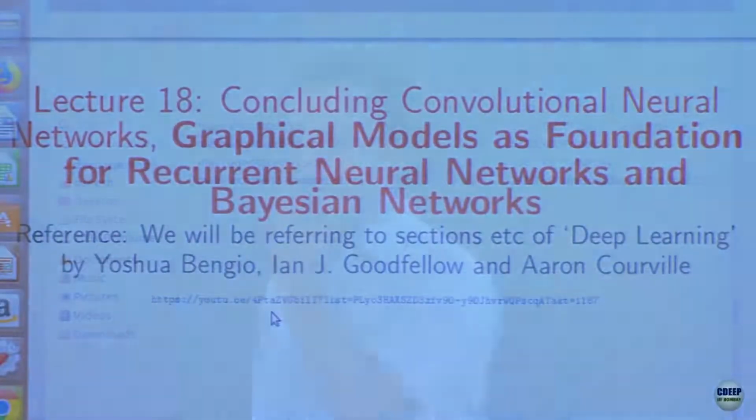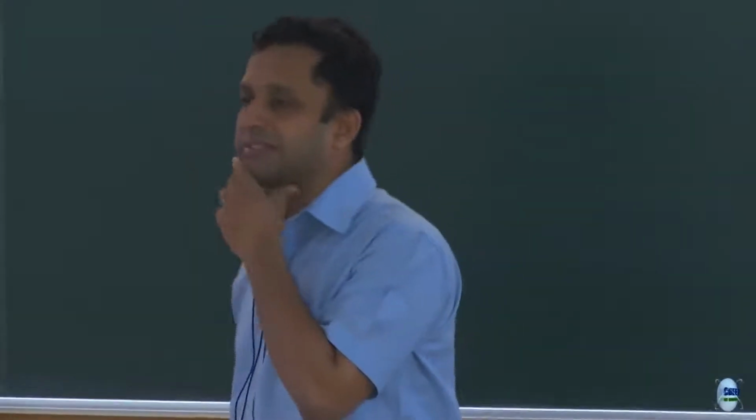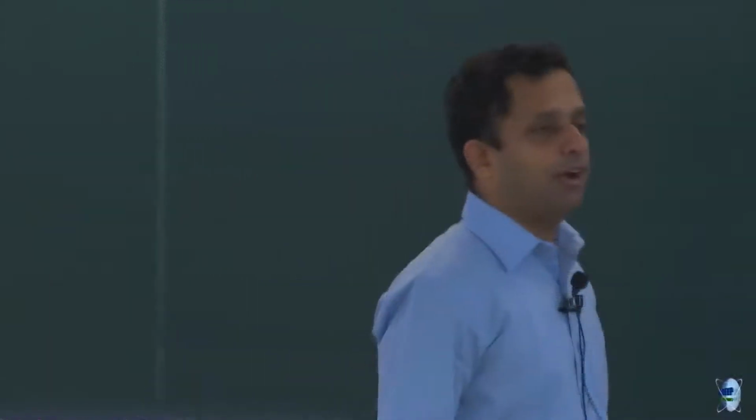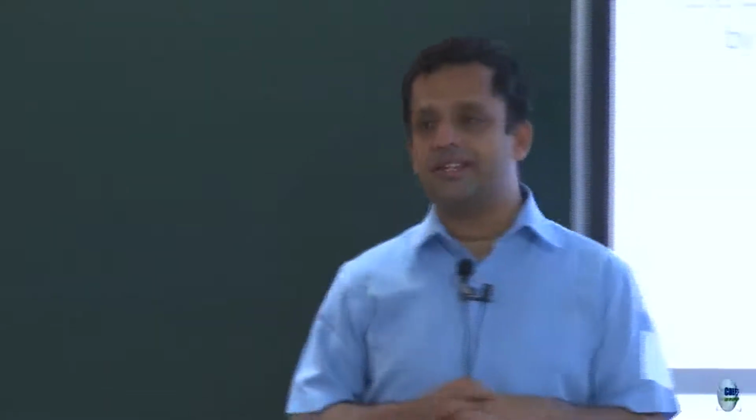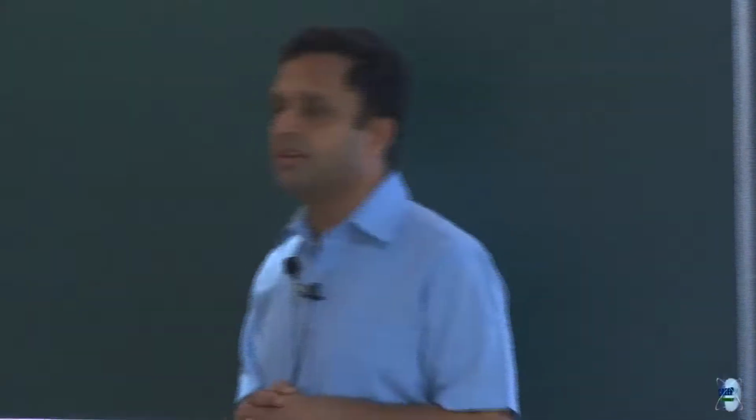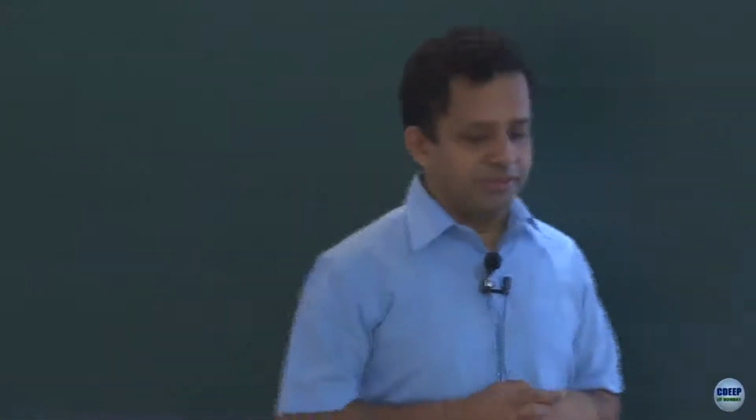I'll briefly recap convolutional neural networks. I have floated several slides on advances in deep learning, basically training algorithms, as well as different approaches to regularization, decreasing the bias, increasing the variance and so on. Obviously we do not have time to cover everything.